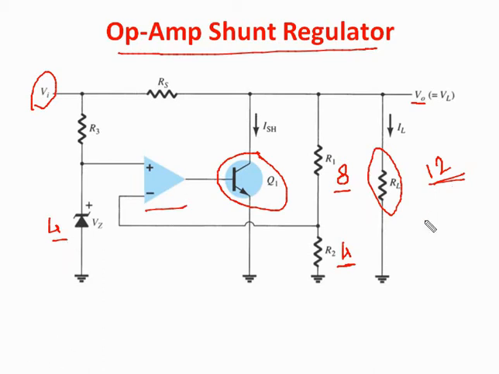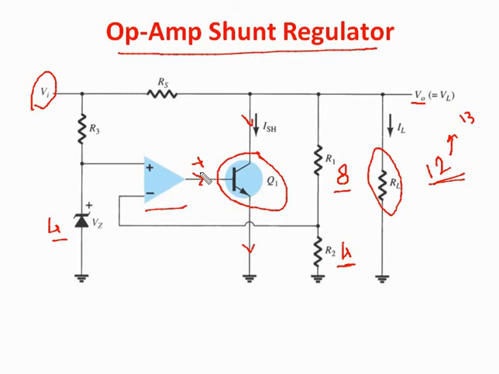So if the output voltage is increased from 12 volt to 13 volt, here we get a voltage which is greater than the 4 volt. So here we get a positive error signal, which will increase the base current of the transistor, which will increase the collector current, because IC equals beta IB.